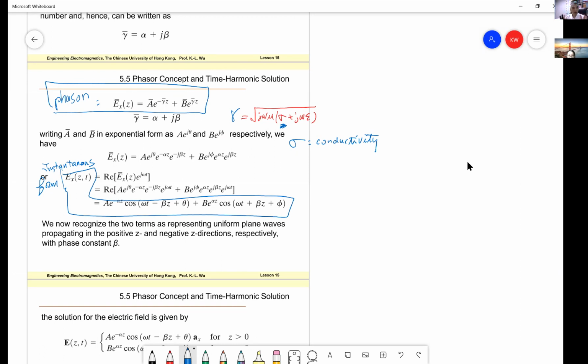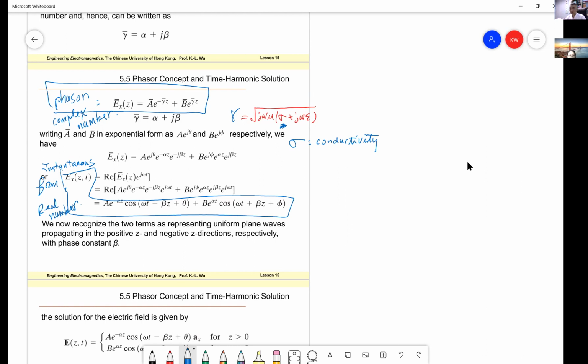These two describe exactly the same thing. One is using a complex number. Phasor must be a complex number, but instantaneous must be a real number. This is the real world quantity.